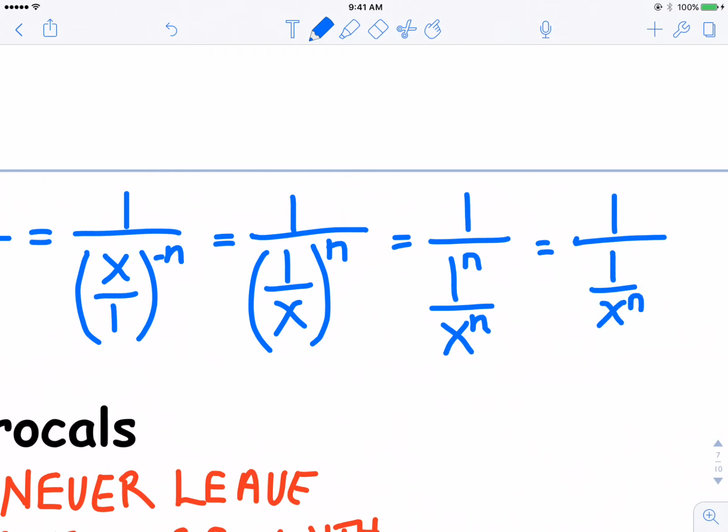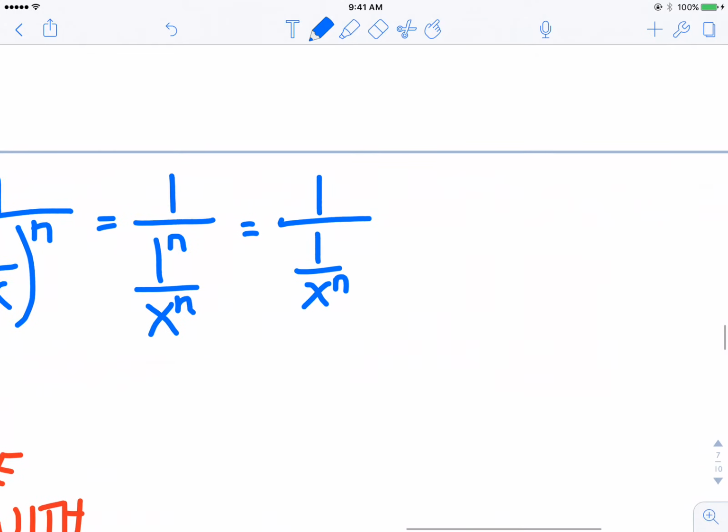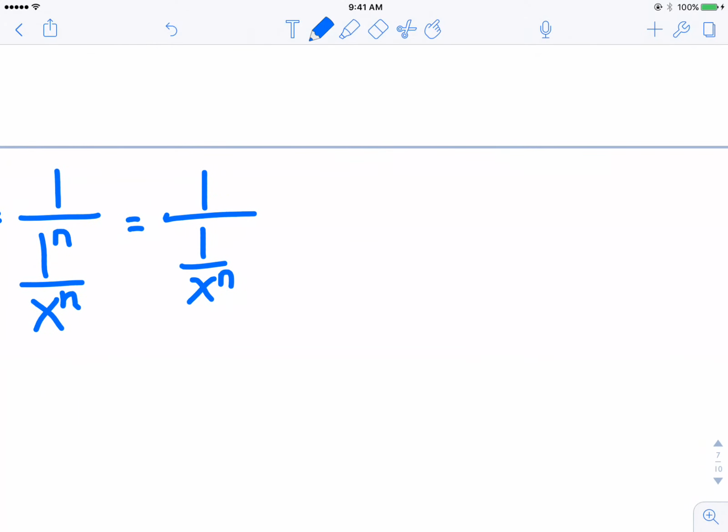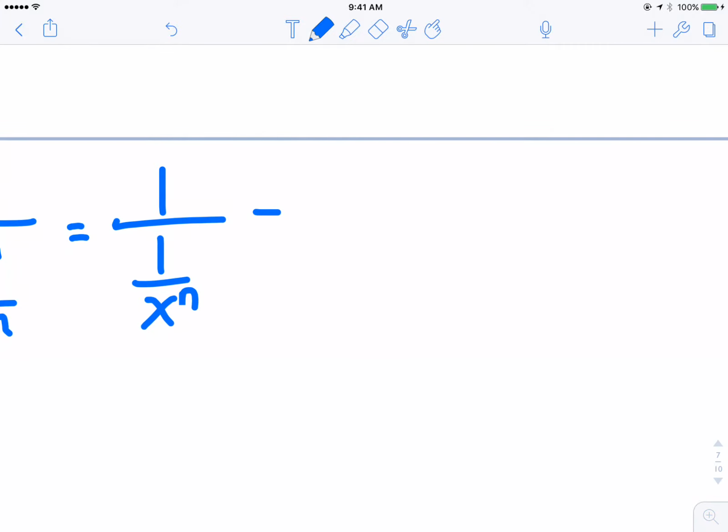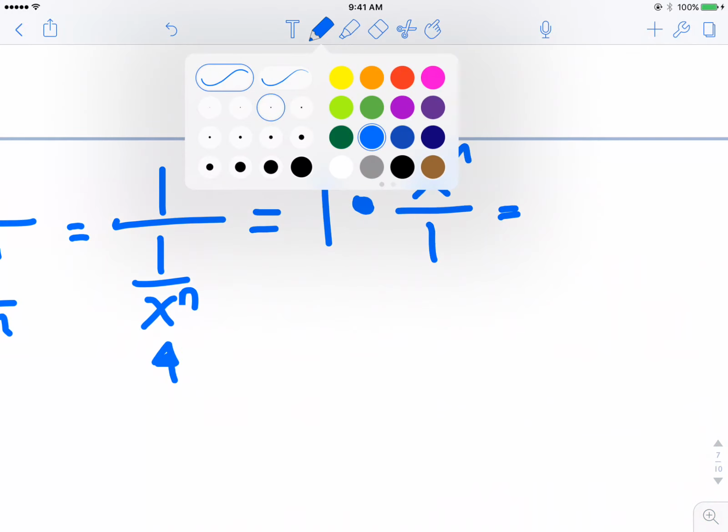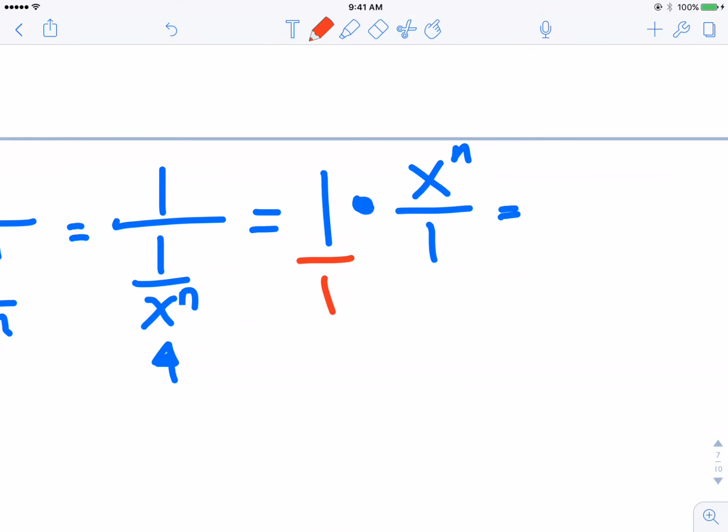And if you remember how to divide fractions, I'll give you 10 seconds or so to think about that. How do you divide fractions? Dividing fractions, we multiply by the reciprocal. So this actually becomes 1 times the reciprocal of this fraction. And again, I can take any number and put it over 1 to make it a fraction.